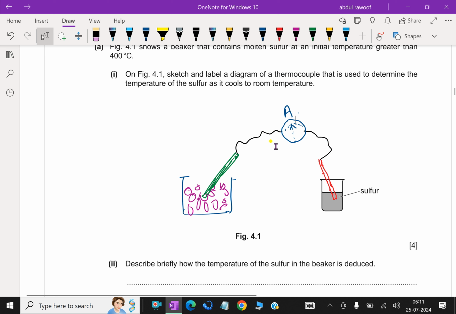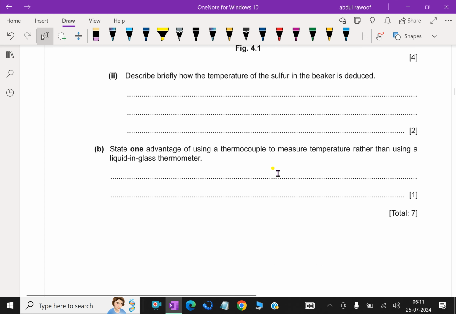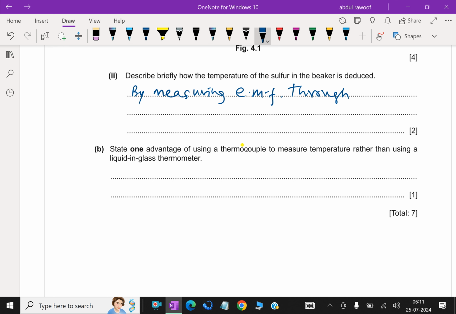This multimeter works as an ammeter as well as a voltmeter.